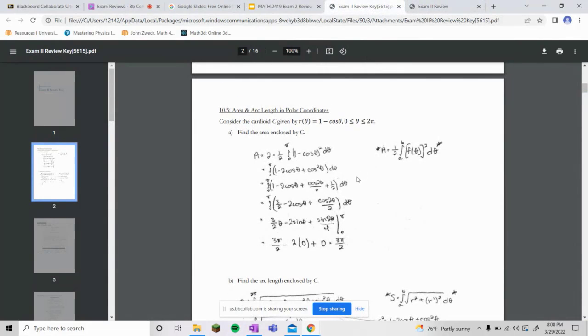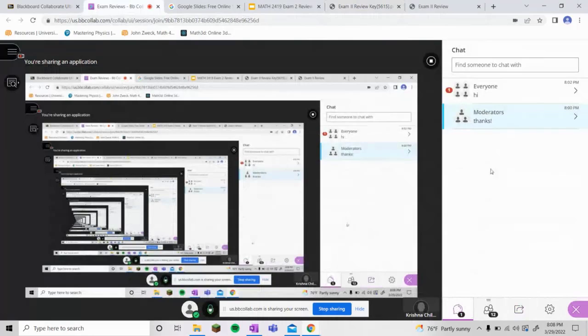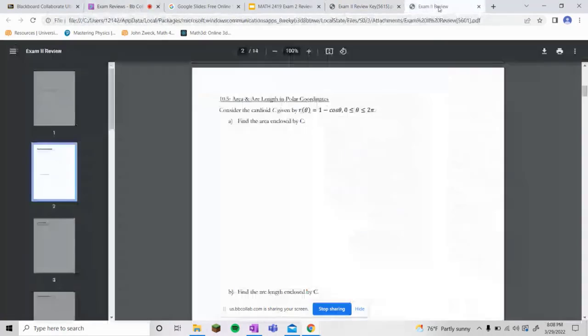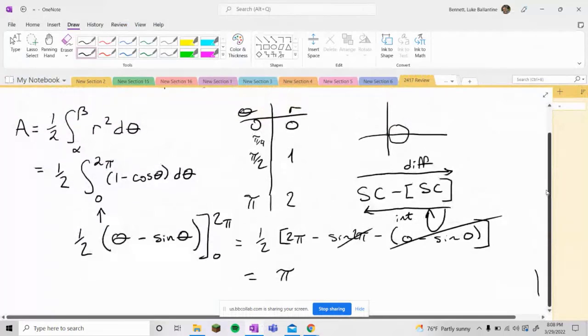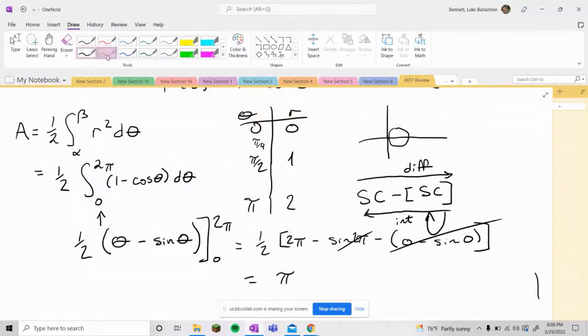Oh, they're getting 3 pi over 2. Oh, I forgot to square it. I'm so silly. Okay, so yeah, here. No one caught me. This should be squared.